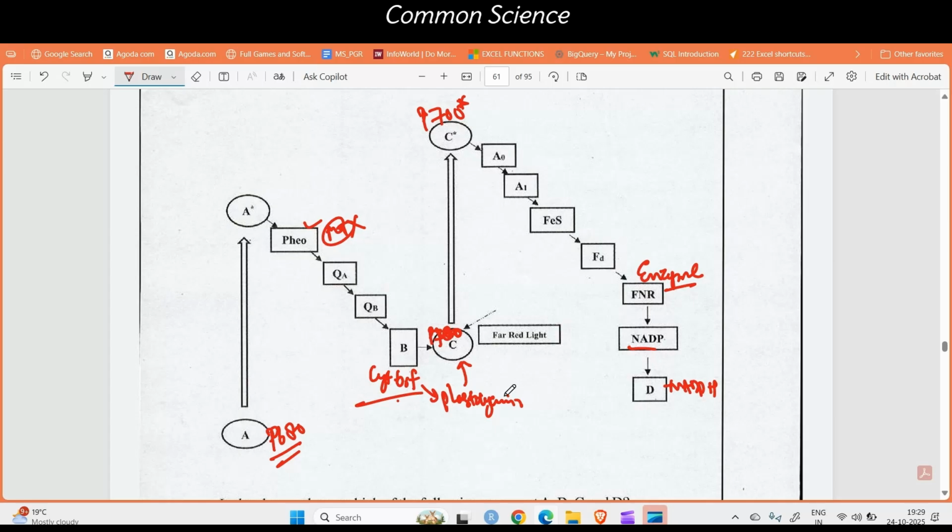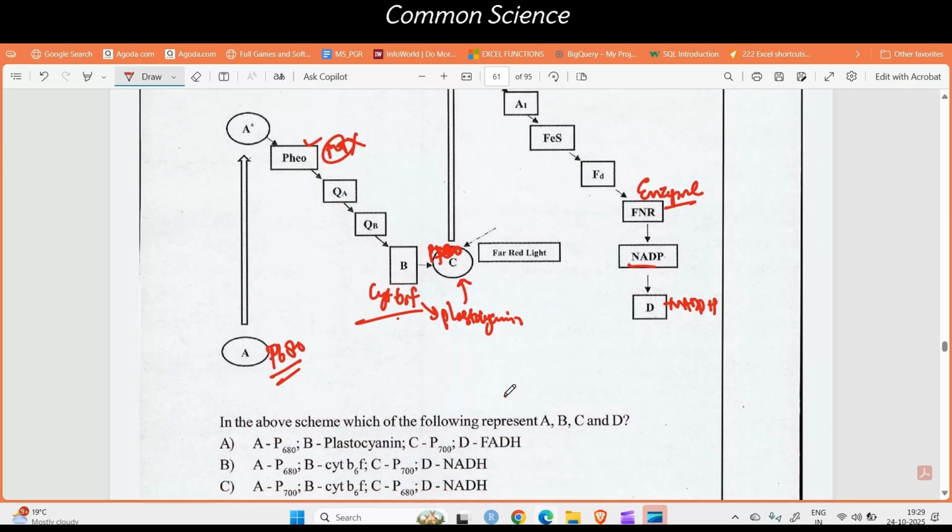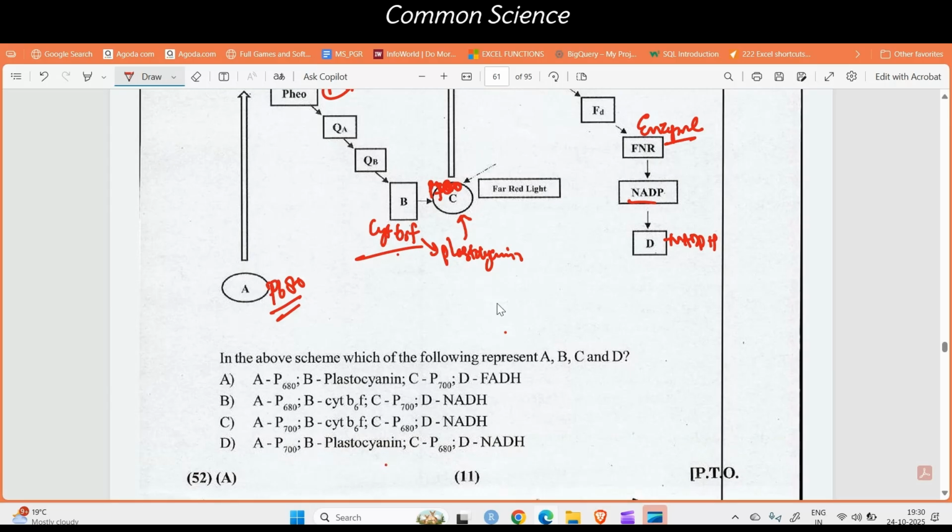If you look at the options here, A is P680, B is cytochrome b6f. Yes. C is P700, and D is NADH. No, it's not NADH, it's NADPH. But there is no NADPH below. Option B seems to be correct, but this question could have been challenged because there is no NADPH here.